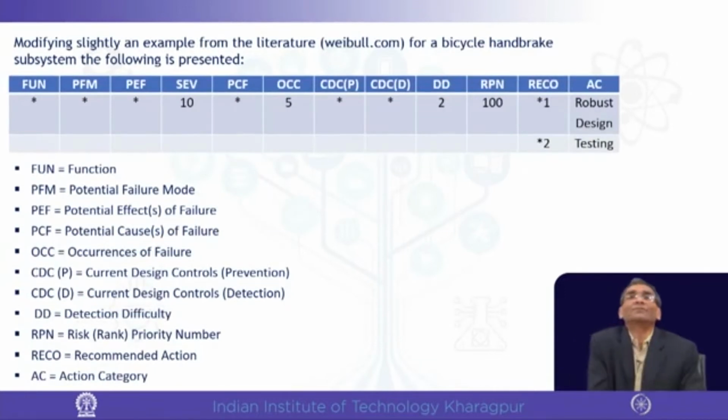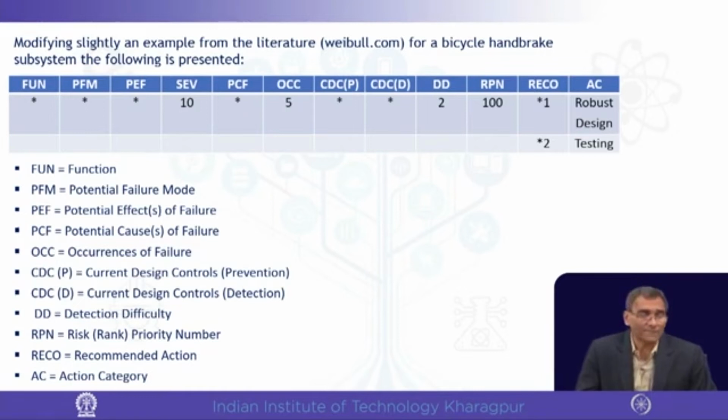Here I will give you a glimpse. I just said that the format is available. This slice of the format is presented here. The first column is function, that is the function of the part, what exactly it does.